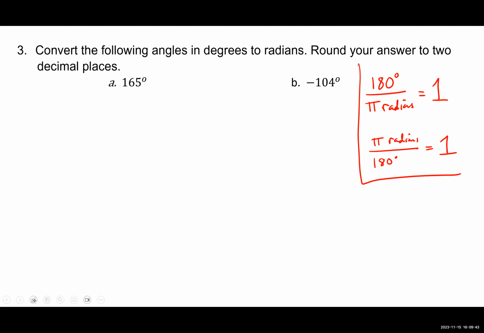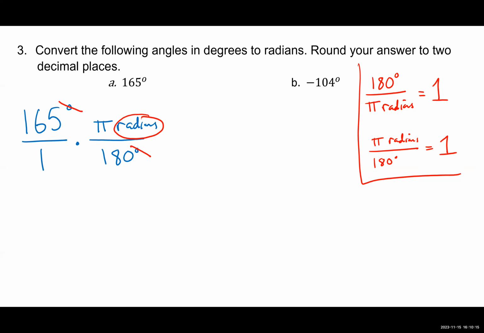So when we take, let's say, for example, 165 degrees, we're going to multiply it by one of those fractions. So let's turn this into a fraction over 1. We want to get rid of degrees, so we'll do degrees on the bottom, which means pi radians go on top. Degrees on top, degrees on the bottom cancel, so you're left with radians.